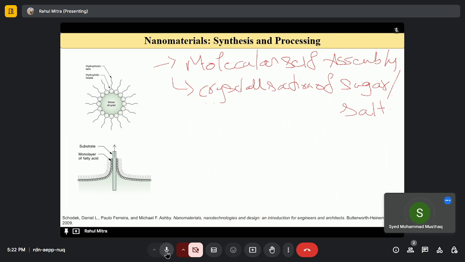So what is the driving force? The driving force is the minimization of the energy, and to bond end-to-end by relatively weak bonds.